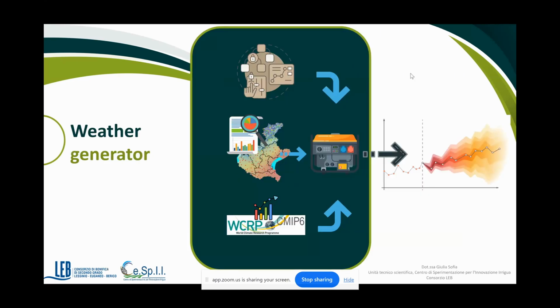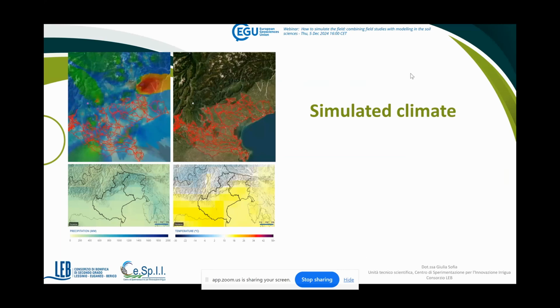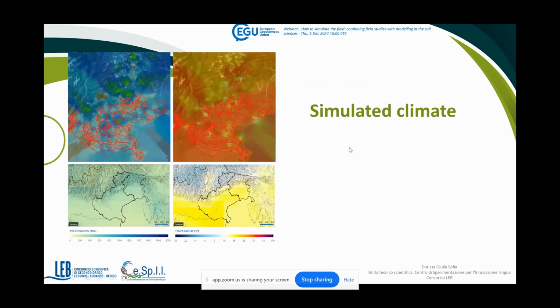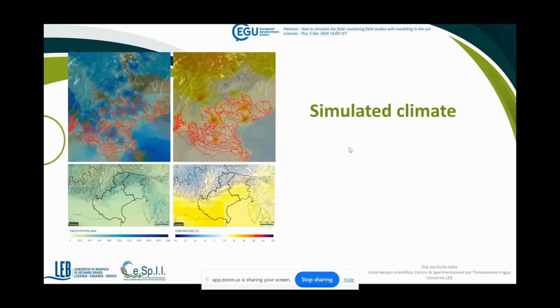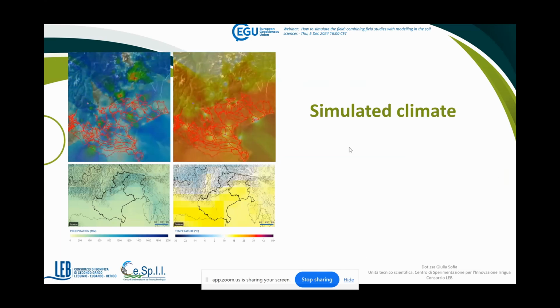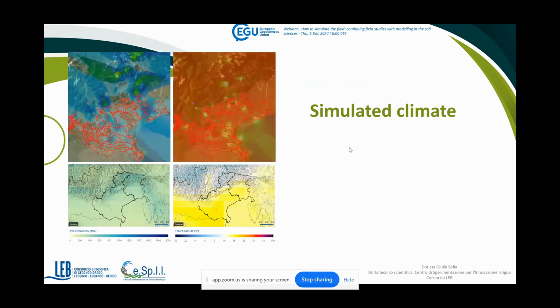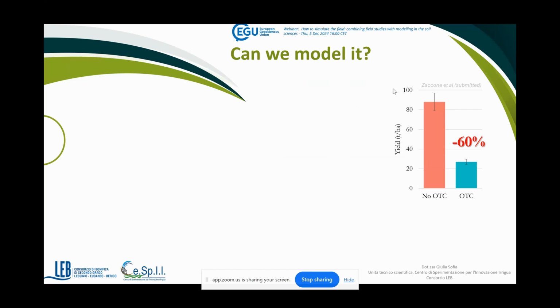We added this information to a weather generator to provide thousands of possible scenarios, only for one year. The result is that we can get modeling of how temperature and rainfall could be in our hypothetical 2023 in the future. Once we do this, we can compare our result.